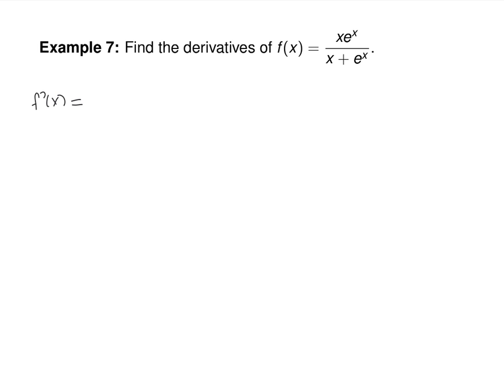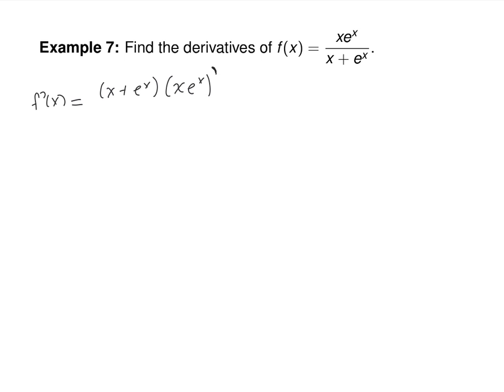Okay, so low, which is x plus e to the x, d high, x e to the x. I'm going to put a prime there, which is me telling myself I've got to take a derivative of that eventually. Does that make sense?